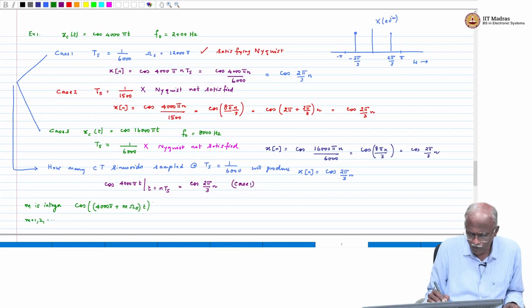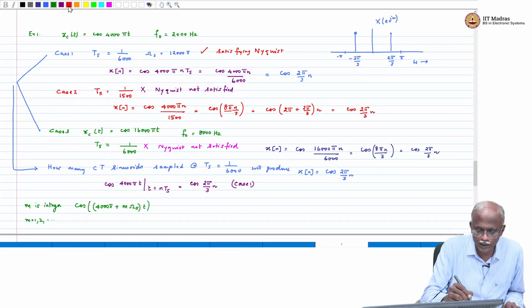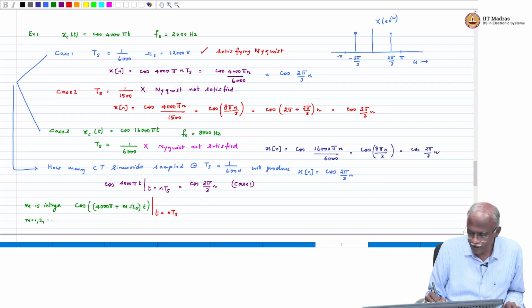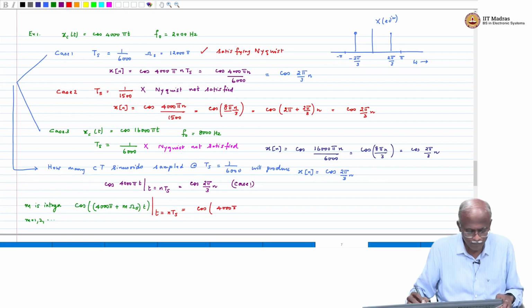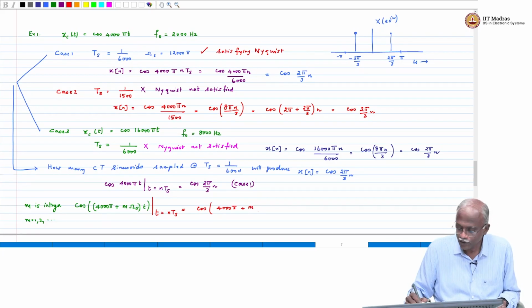Okay. Now, if I want to see what this will produce, t equal to nTs, please quickly check. What you will get is cosine of 4000 pi plus m times, what is omega s? It is 12,000 pi. So m times 12,000 pi, this times n by 6,000.